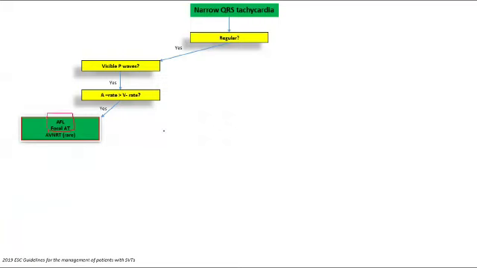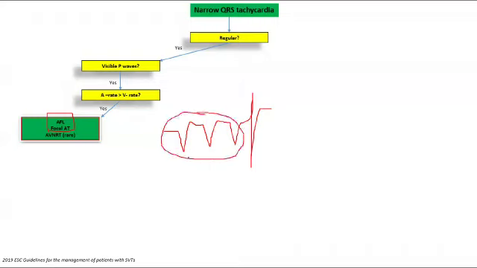With flutter, you remember that we have this sawtooth pattern, right? That would be your atrial activity. But with the focal atrial tachycardia, you have your P waves there.